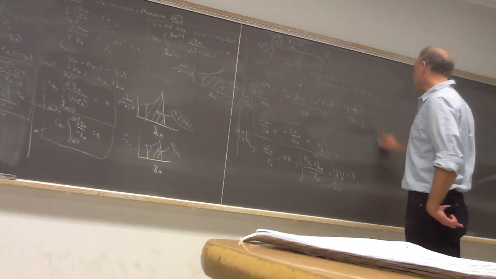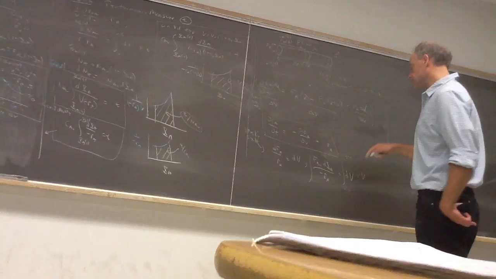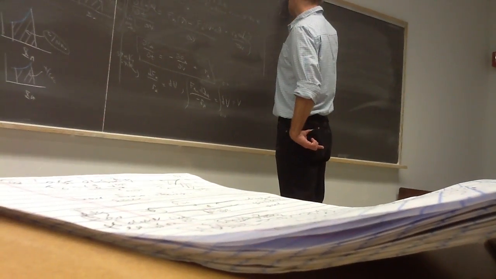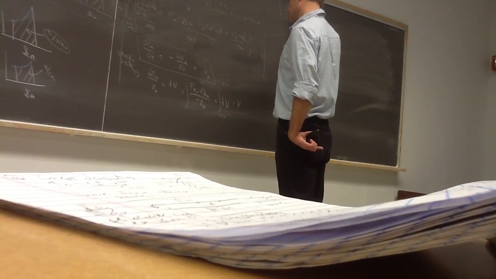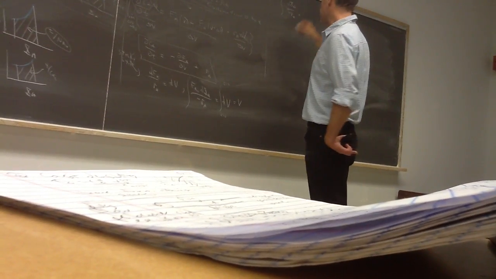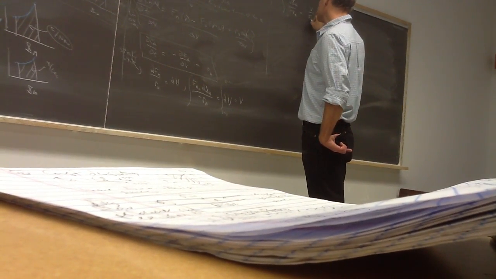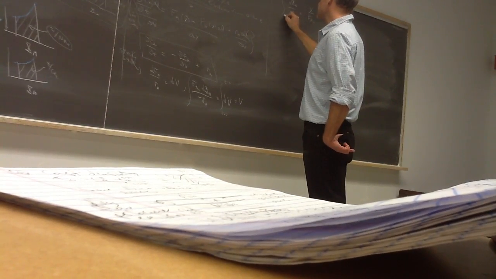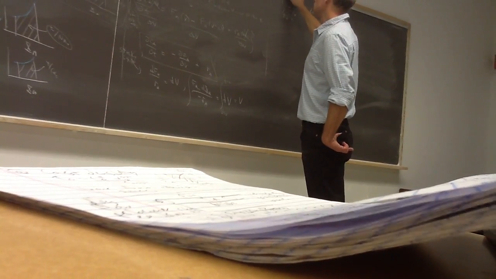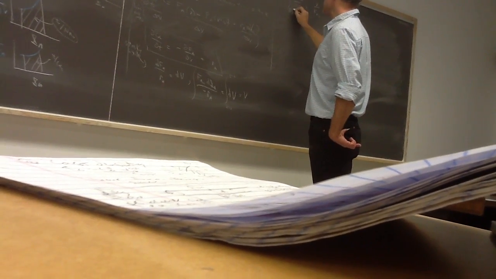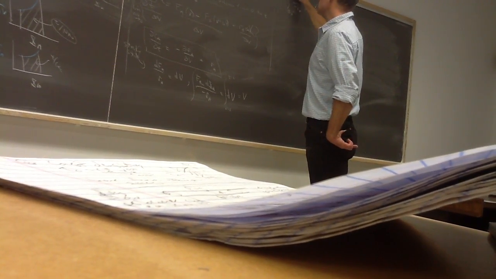And what I have now is the volume, so I have the integral dXA over minus RA is V over FA0. And this goes from XA in to XA out.